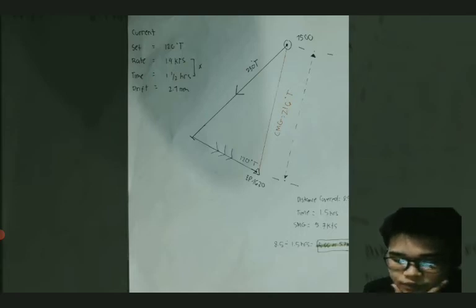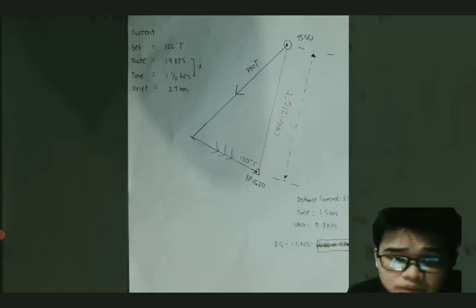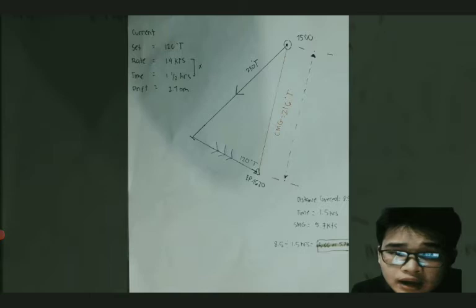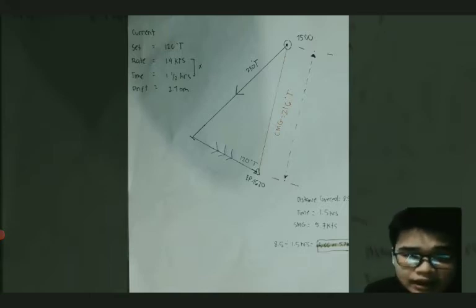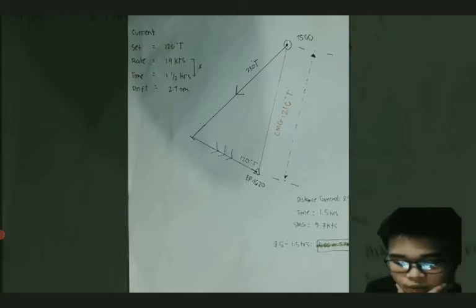The current speed is 1.4 knots, and over 1.5 hours, the rate of the current will result in a drift of about 2.1 nautical miles. How do we find this? Just multiply the rate and time, and we come up with the answer for the drift. So in 1.5 hours, the current would result in a drift of 2.1 nautical miles.